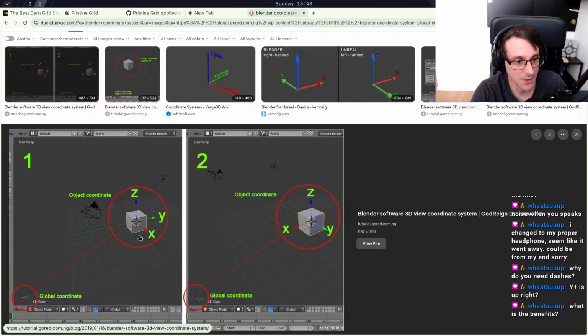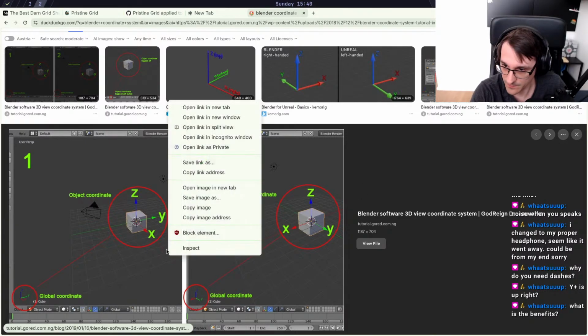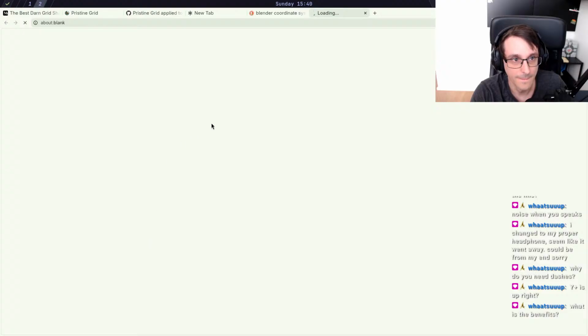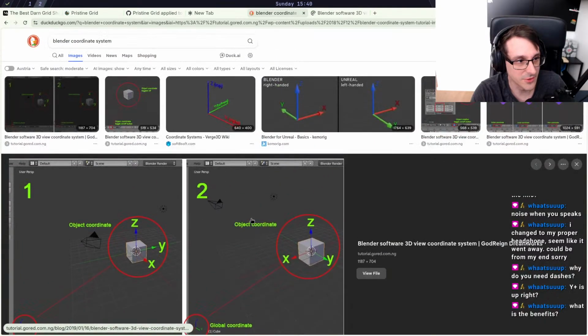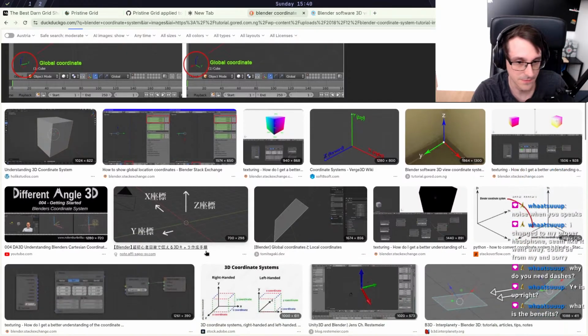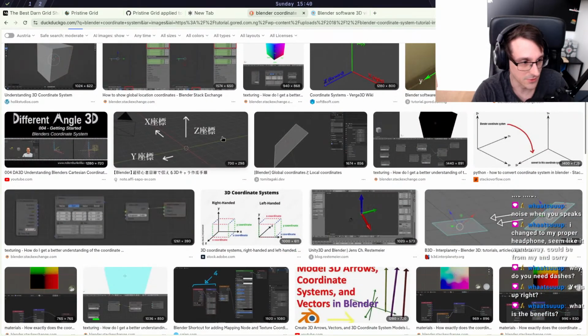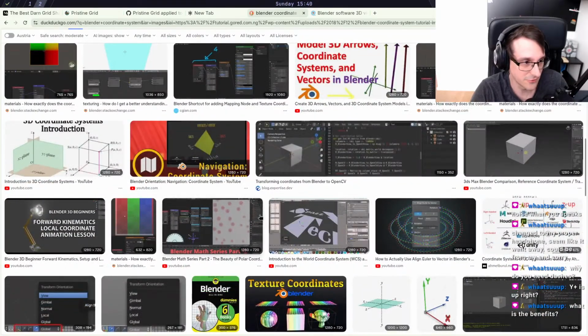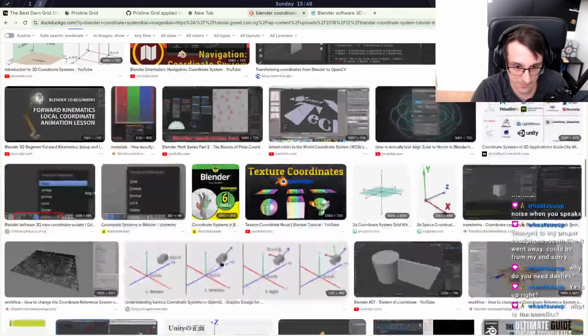But Z is up, and then X is to the side, and Y is into the camera. So it would be closer to what Blender is doing. Is that good? I don't know. There's no really right or wrong, it's all just different rotations of the same thing.